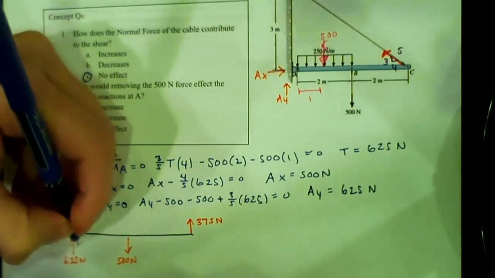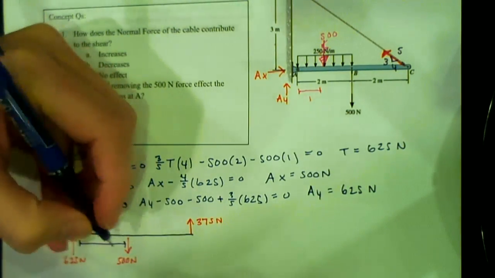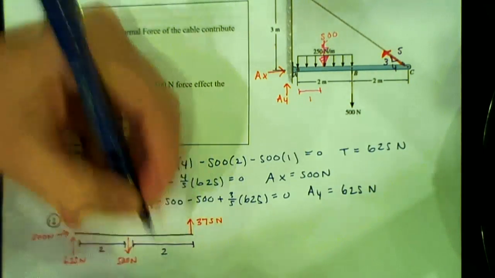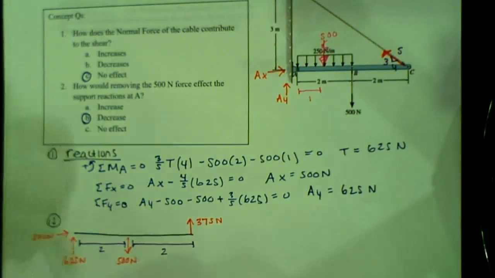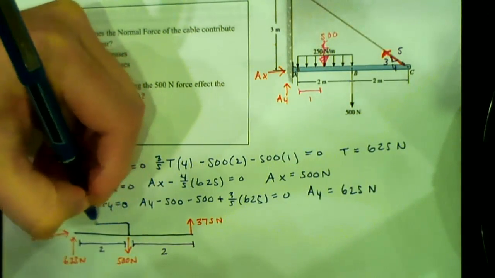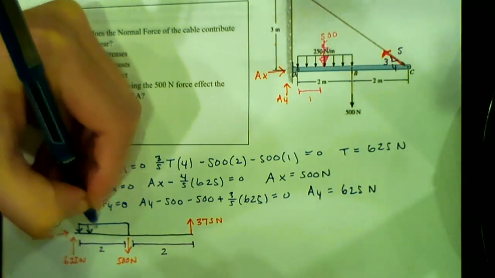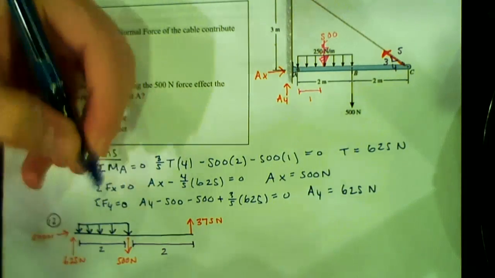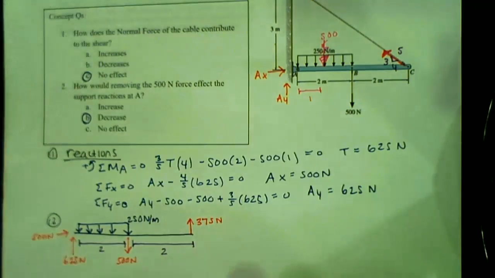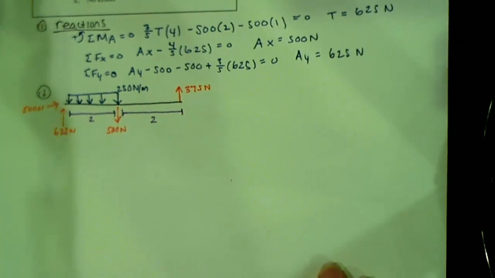This distance is 2. That distance is 2. And don't forget, let's use blue, we have our distributed load on here. So that was 250 newtons per meter. Good. Let me give myself a little bit more space.